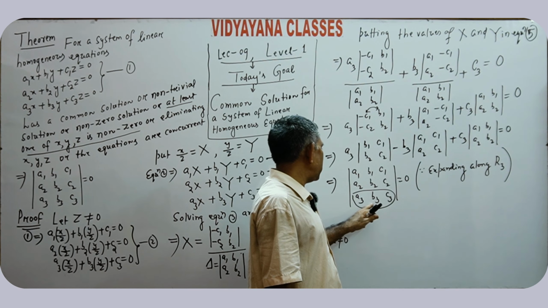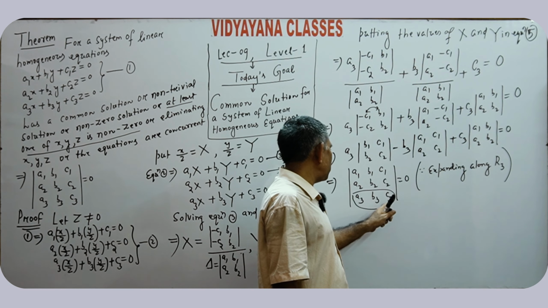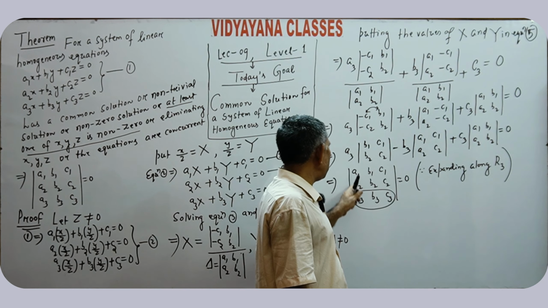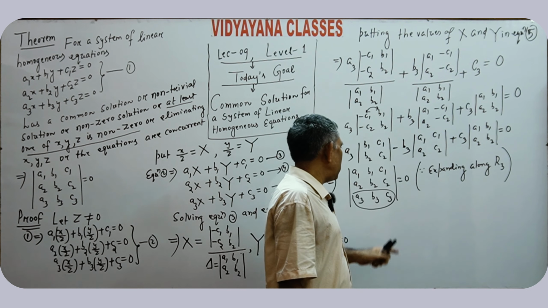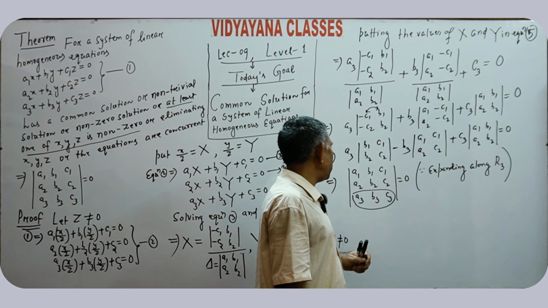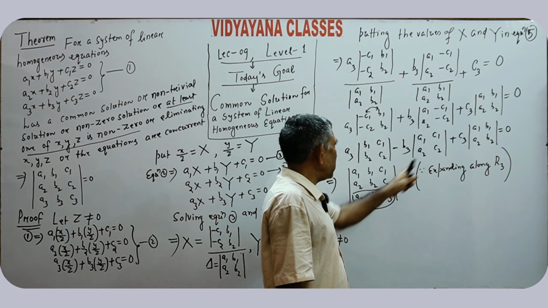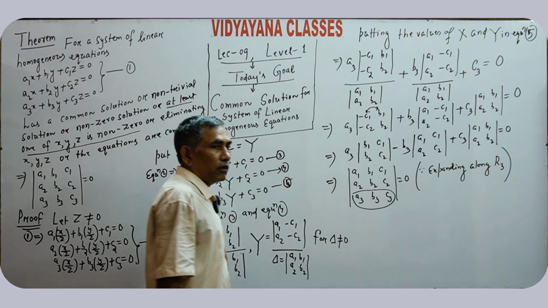The sign of B3 is negative, minus B3, deleting this row and column, it gives A1, A2, C1, C2. The sign of C3 is positive, C3 into the determinant having elements A1, A2, B1, B2. Clear?